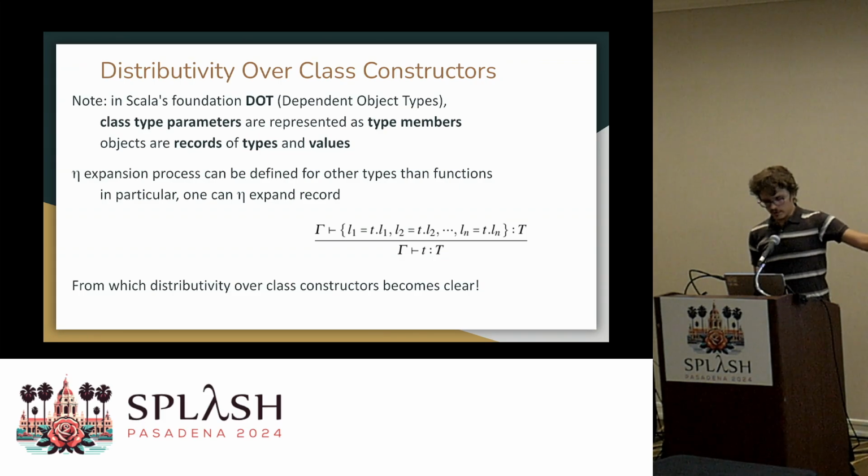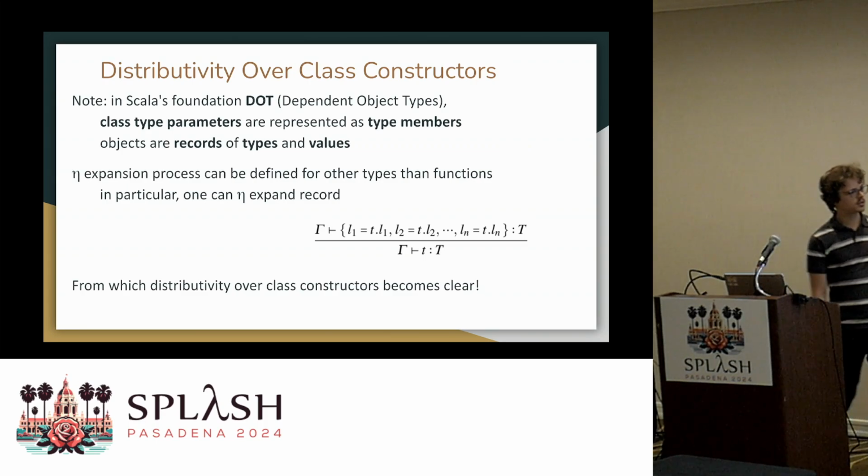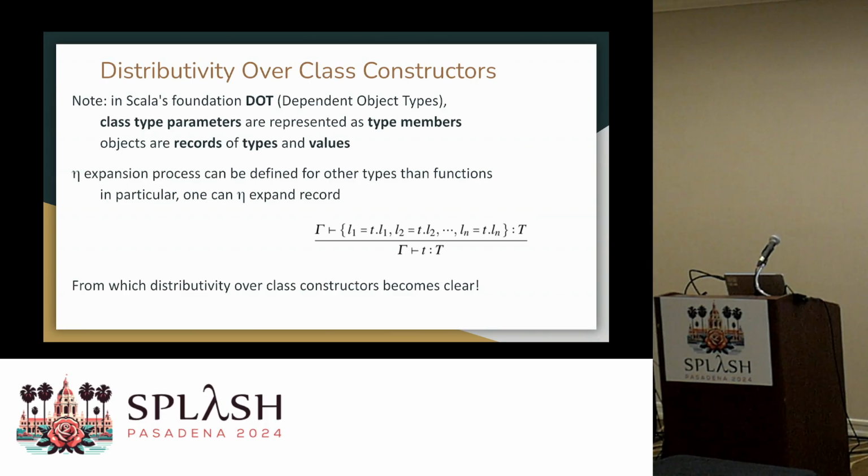Well, consider that you can also eta expand records. If you have a term t that has record type T, where each field is taken from the existing term t projected to the field of the same name, then you can tell that the term t has type T. So that's eta expansion for records.